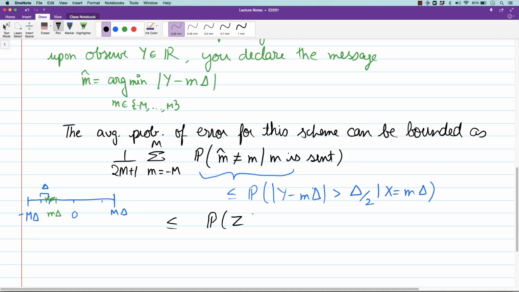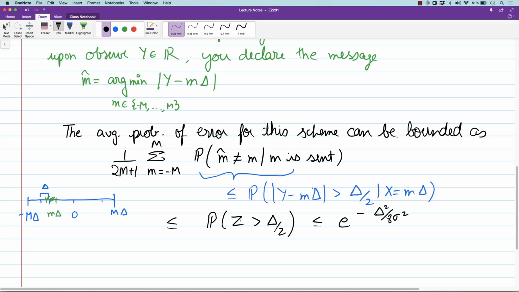Probability that a Gaussian, which is 0 mean, exceeds delta by 2. So what is that probability? That a Gaussian exceeds delta by 2. That probability is less than, well, there are various bounds known for this, but this one is true: e to the power minus delta square by 8 sigma square.